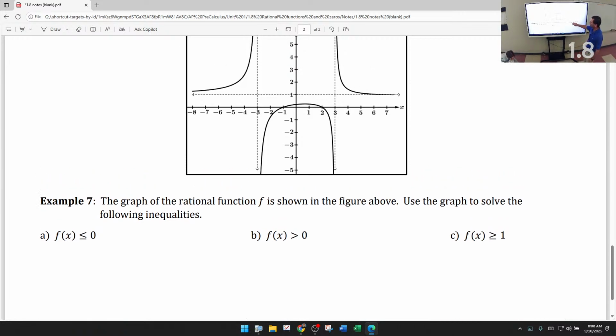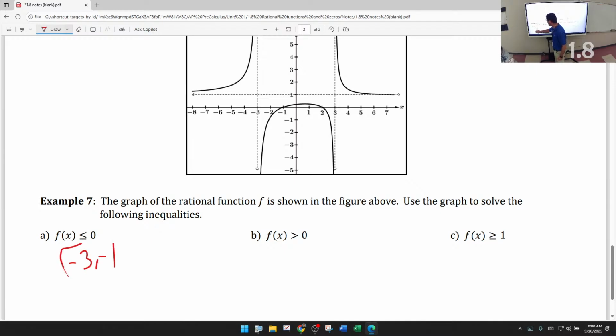So I'm going to look at this graph. Less than or equal to 0. Below, from -3 to -1.